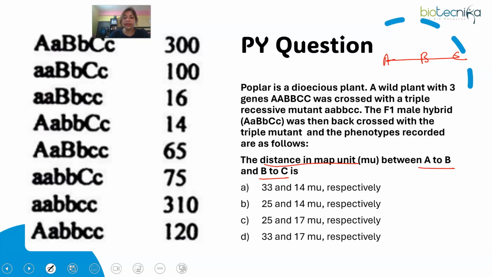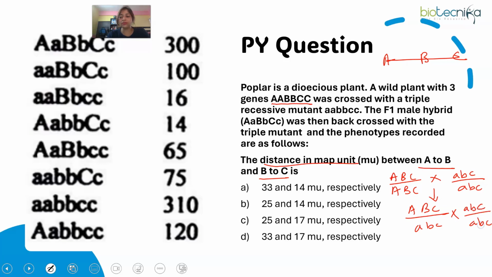All right. Again, let's write down the cross for our better understanding. I'm going to write it in the linked gene format, because then it will be easy for us to understand. We are getting an F1 where one chromosome is all dominant and one chromosome is all recessive. When that is done, we do our test cross, and this is the next generation that we are getting.